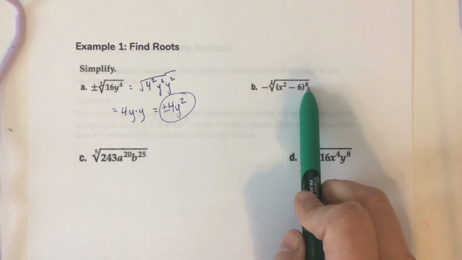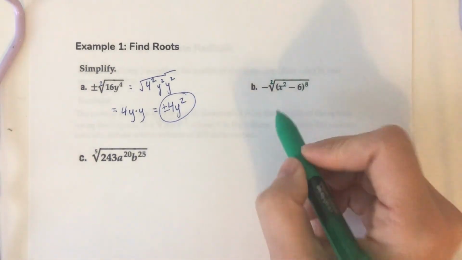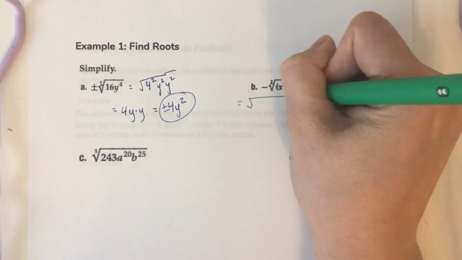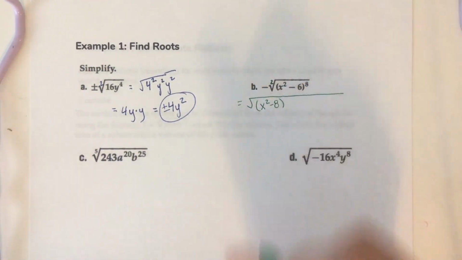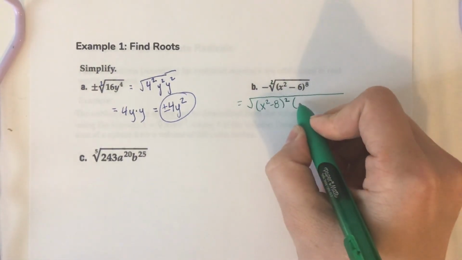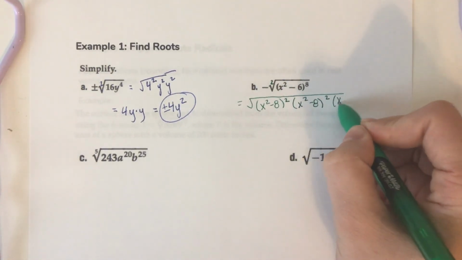So I'm thinking, okay, I want to divide 8 by 2. Since it's a 2 out in front, I want to divide this exponent by 2, and I'm just going to leave it as that expression. I'm not touching those parentheses. Well, 8 divided by 2 is 4, which means I have 4 x squared minus 8s.